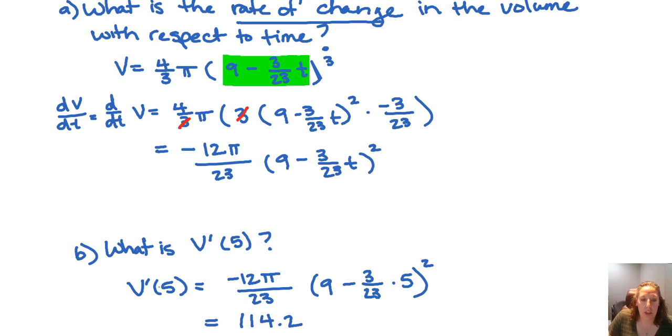Here are units of volume, because remember we're looking at our change in volume over our change in time, so our units in volume are going to be cubic millimeters, and our time is in minutes, so cubic millimeters per minute. All right, I'll see you guys next time.